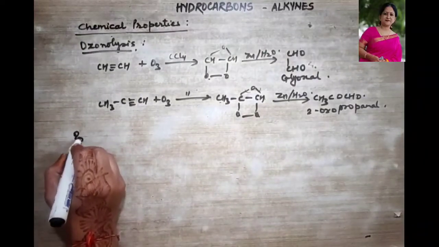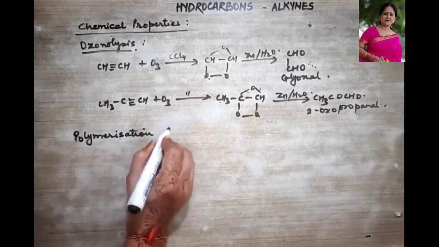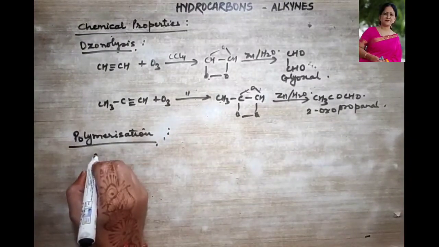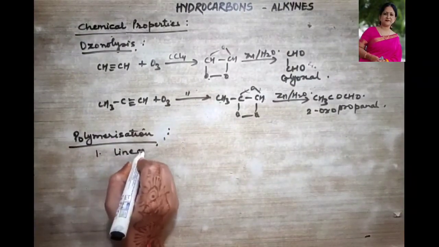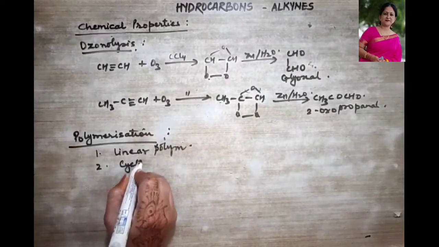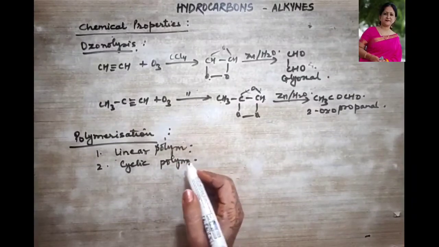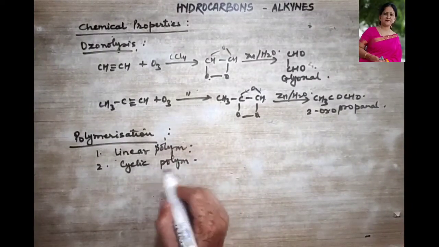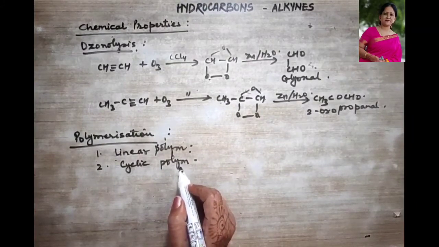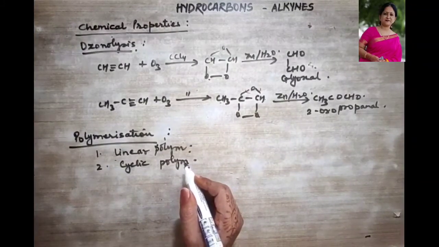Now let us understand the next kind of reaction, the last one, the polymerization reaction. There are two types of polymerization. One is linear polymerization and the other is cyclic polymerization. Linear polymerization can be seen in alkenes, but cyclic polymerization can be shown by alkynes also, and they form benzene in the presence of a red hot iron tube.